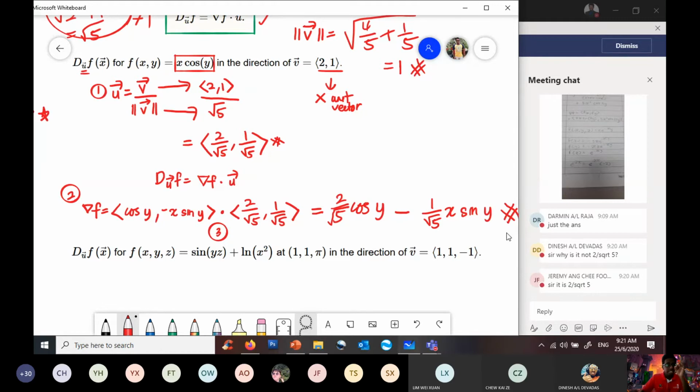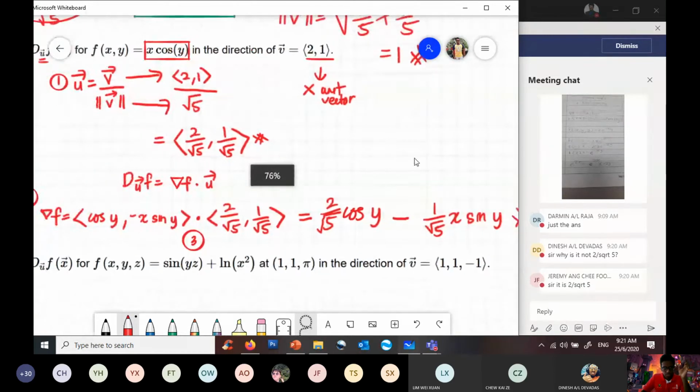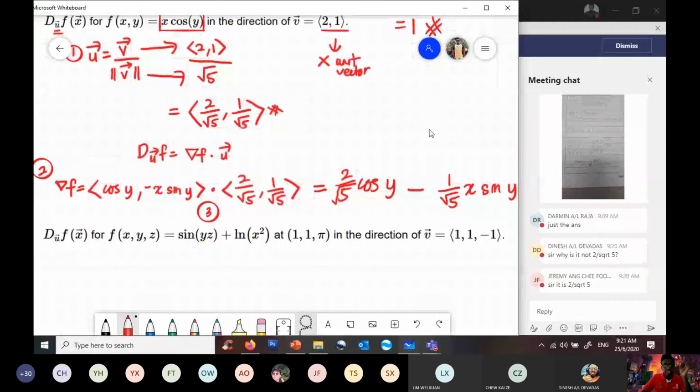So, three steps. Let us try one example. Try to zoom in a bit. Try the question down here, but this one is a bit more extra. They ask you to find the directional derivative of a function at a point. Just leave that part first and find your directional derivative as usual. You have a function and a vector.